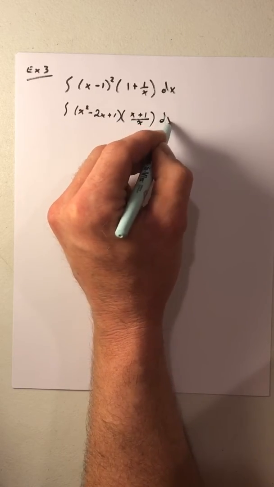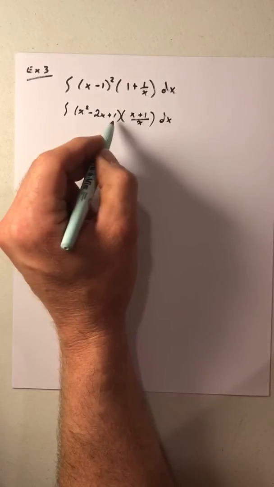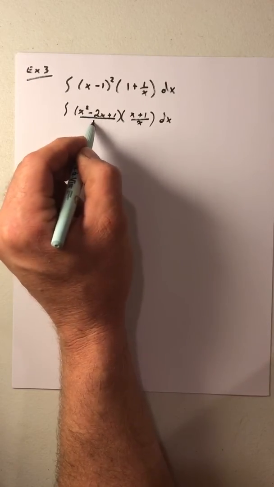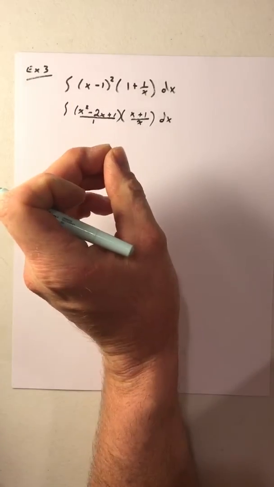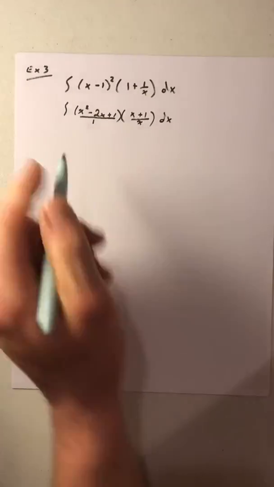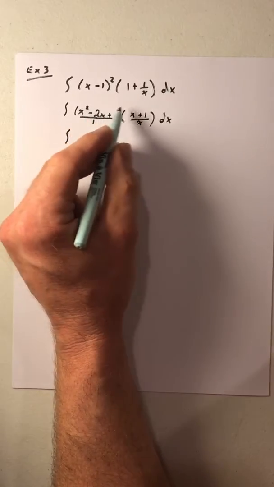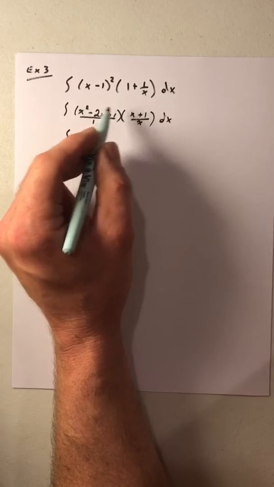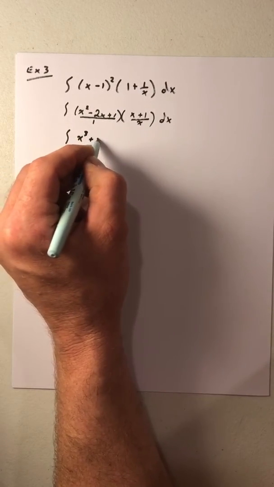We can think of this now as two fractions being multiplied together, because this is over 1. In that case, we multiply the numerators together, and we multiply the denominators together. So this simplifies. I can also go ahead and distribute out the numerator. We got x to the third plus x squared.